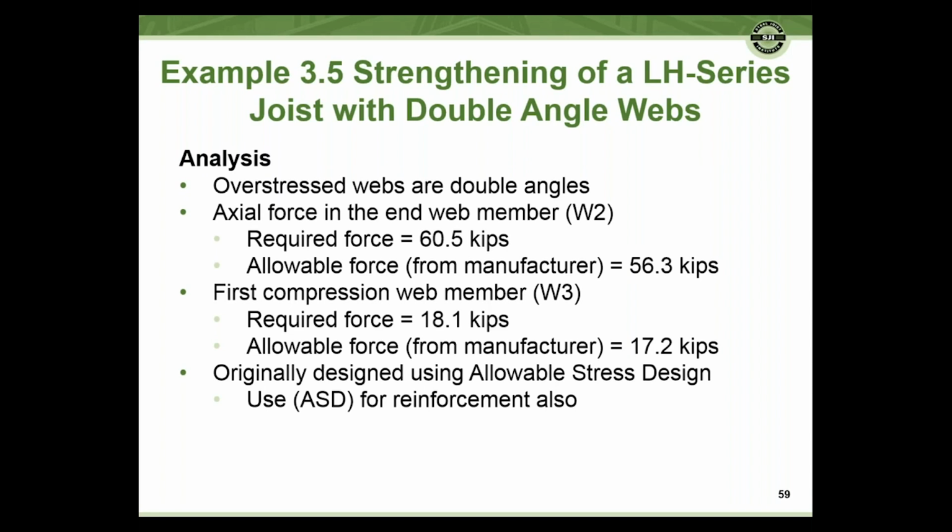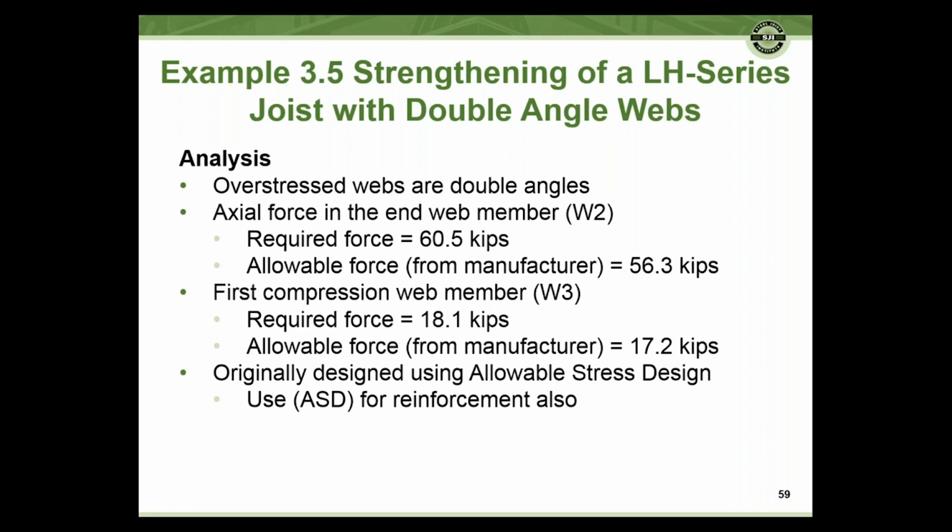The first overstressed web happened to be the end web, which is commonly referred to as the W2, and the required force in that web is 60.5 kips. The allowable force from our original design, which may have been from the manufacturer's calculations or a previous calculation that we did for just the original design loads, was 56.3 kips for that member.